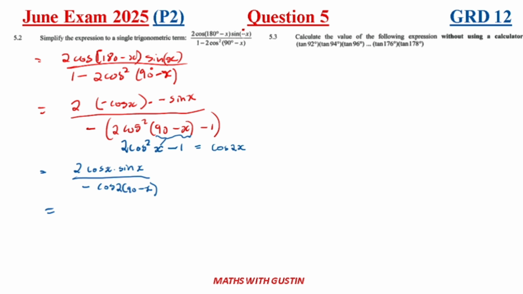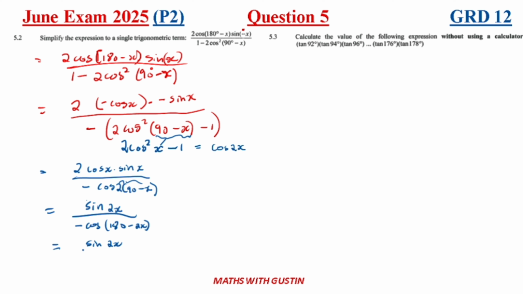Right, so now at the top we can change. This looks like an identity at the top. We can rewrite this one as sine 2x. Now here, let's multiply out by removing the bracket. Negative cos, you're going to have 180 minus 2x. Great stuff. So now you're going to be left with sine 2x. At 180 minus, is cos positive or negative?